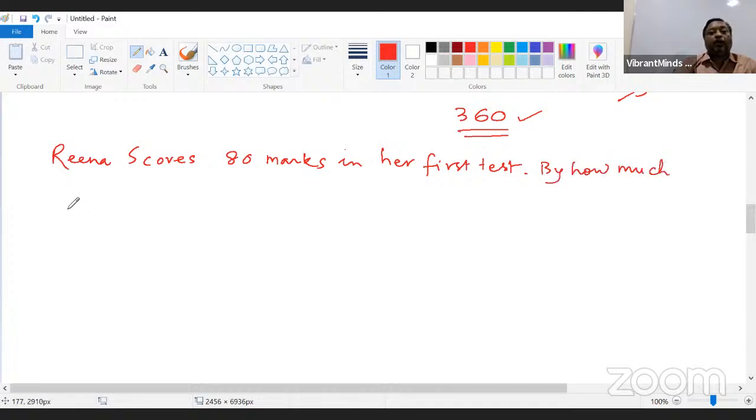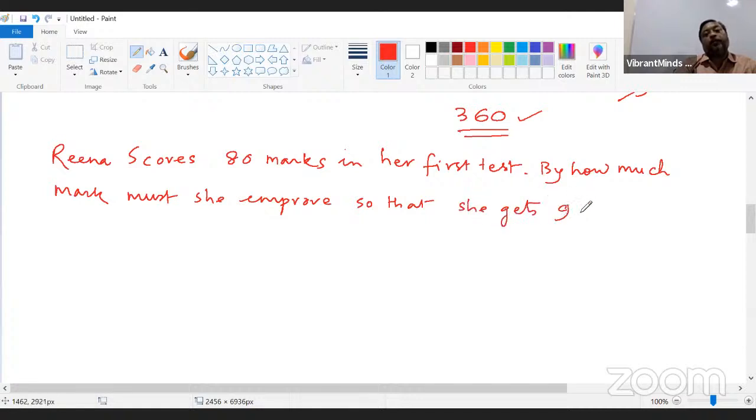By how many marks must she improve so that she gets 90 marks as an average?